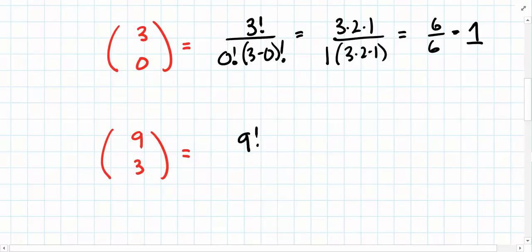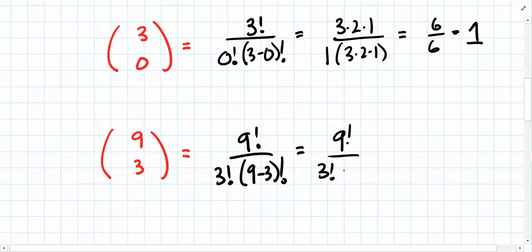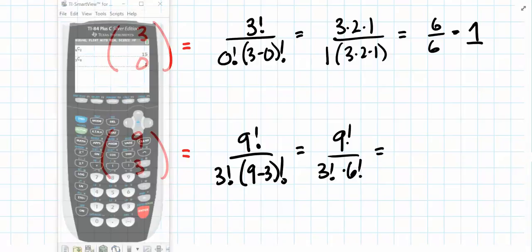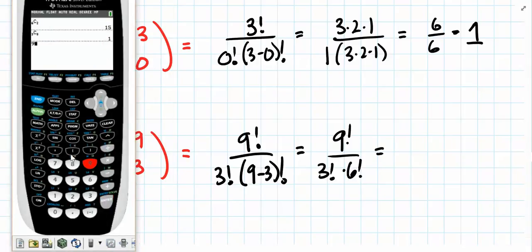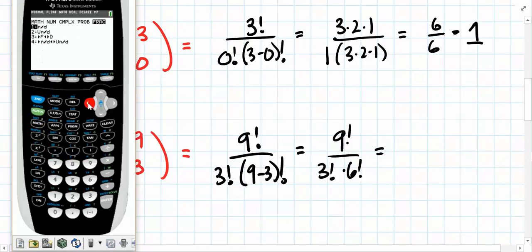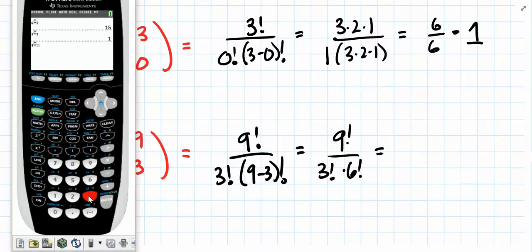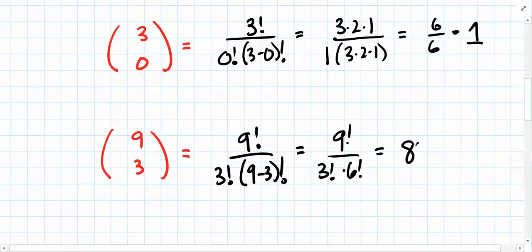It means 9 factorial over 3 factorial times 9 minus 3 factorial, which is 9 factorial over 3 factorial times 6 factorial, which I'm going to just go ahead and use the calculator for. So I'd go 9, math, over to PRB, option number 3, plug in a 3, and I'm getting the number 84.